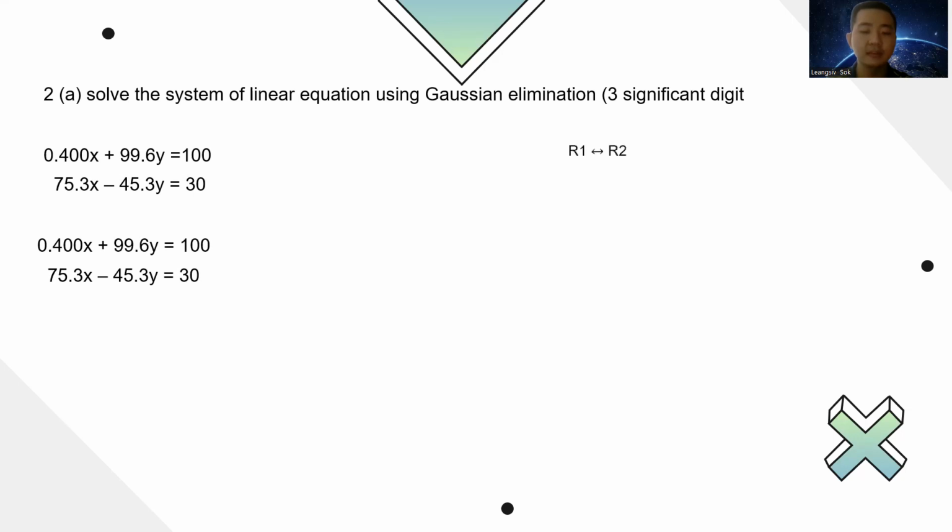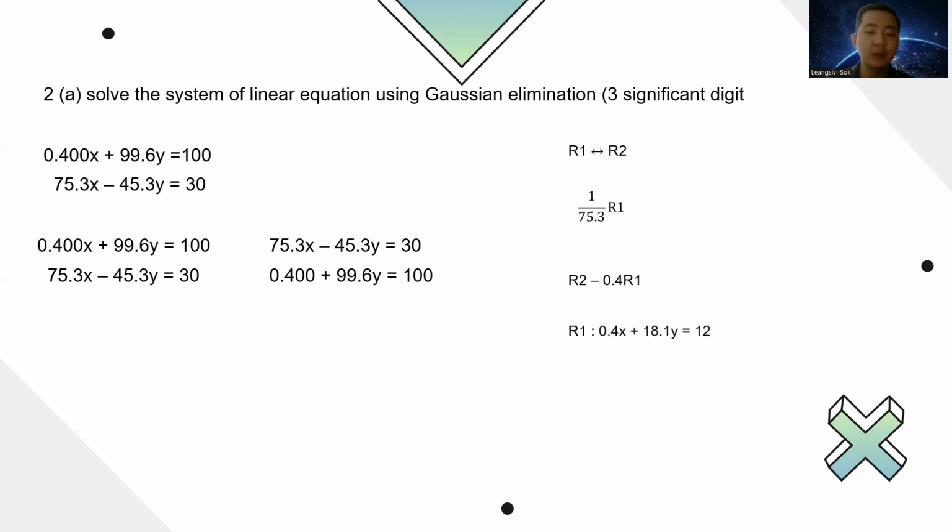Now let's solve the system with only 3 significant digits. We do the same operation, interchange x and y, R1 over 75.3. R1 we will get x minus 0.1602y equal to 0.398. Next, we use R2 minus 0.4 R1, which is equal to 0.4x plus 18.12y is equal to 12.